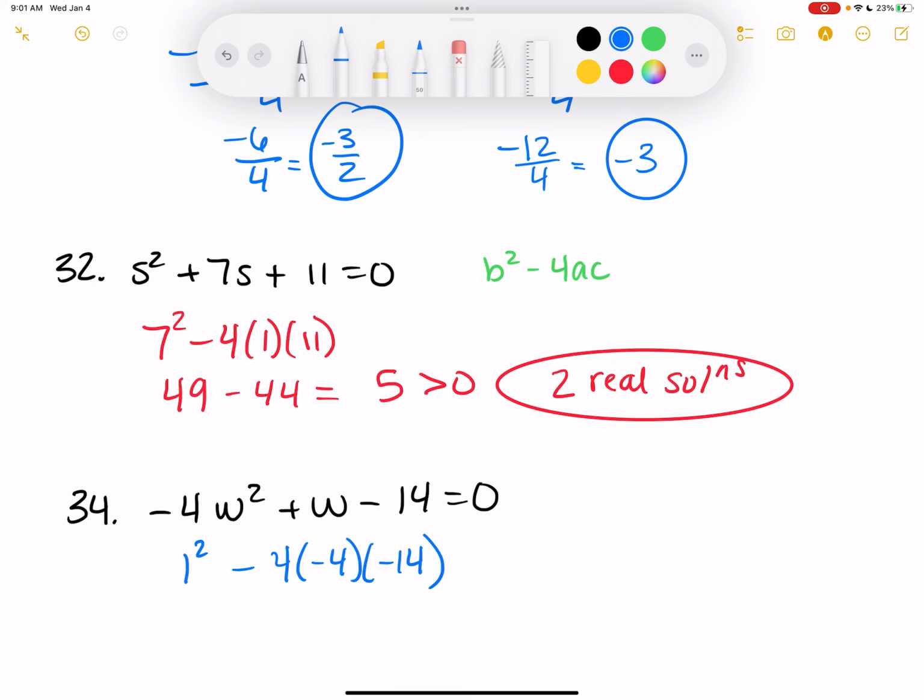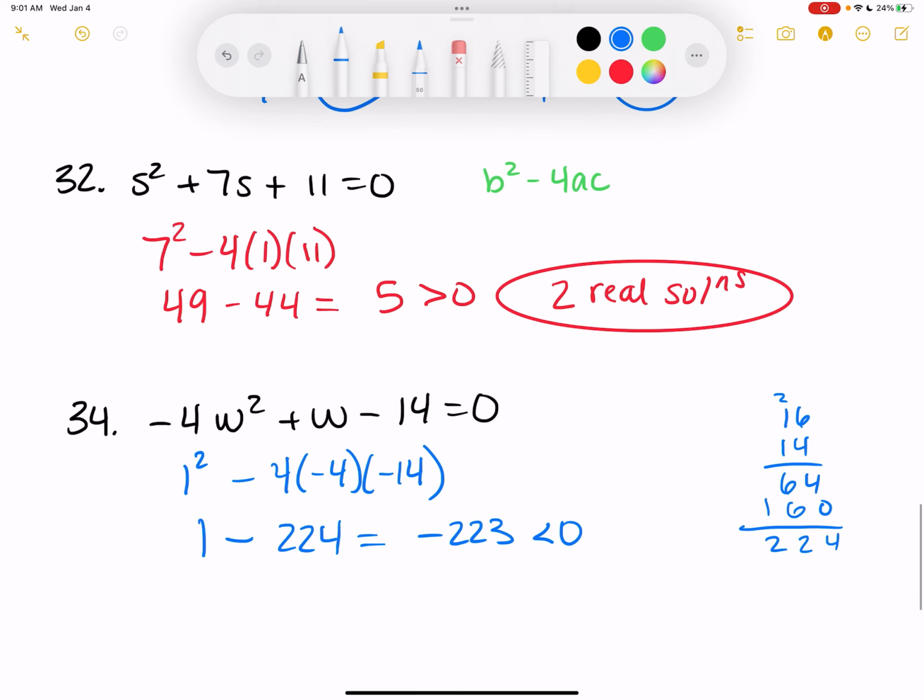So it's 1 minus... So that would be negative 223, which is less than 0.